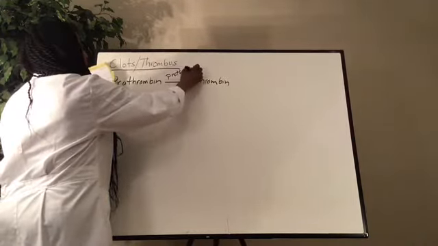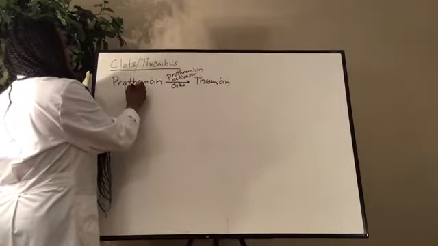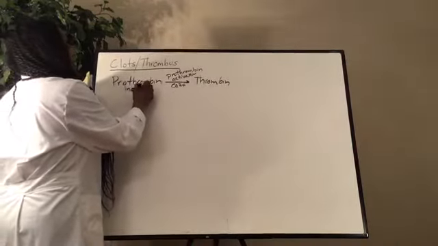Prothrombin activator and calcium. So prothrombin, which by the way is inactive, is a big old clunky inactive molecule that needs to be cleaved. It's cleaved using prothrombin activator and calcium to become a nice sleek molecule that's active, and that's known as thrombin.